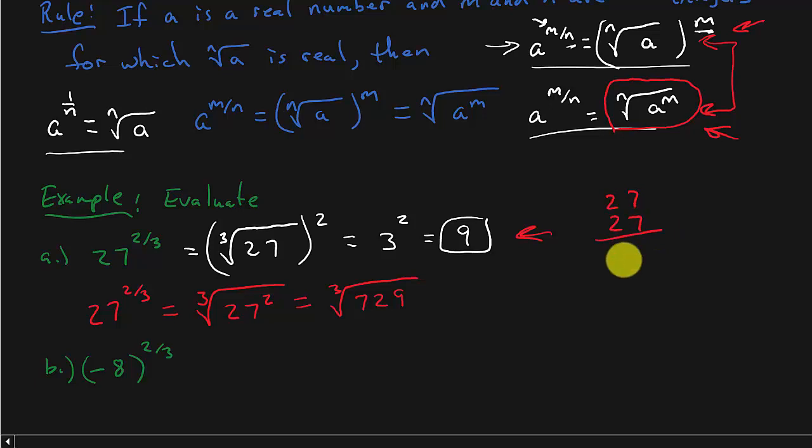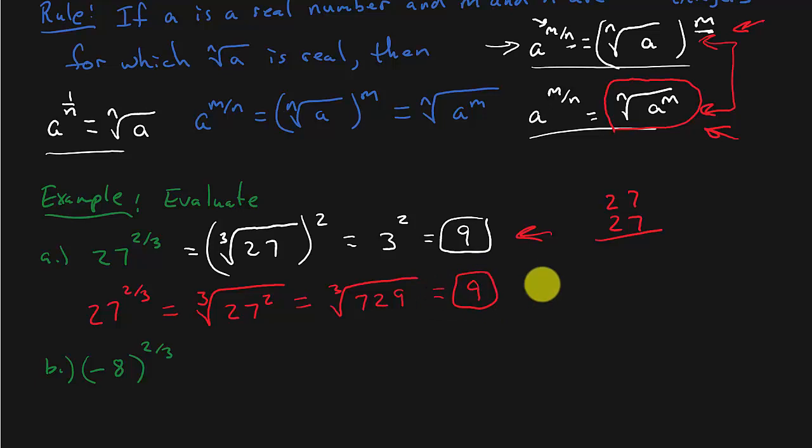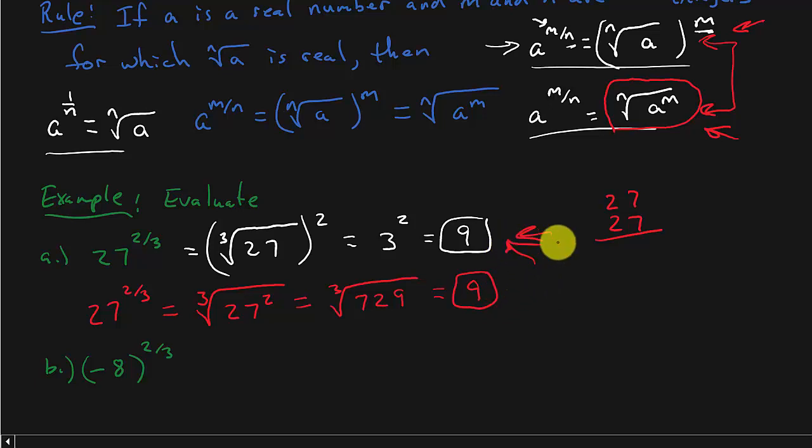You could write it there real quick, multiply it out, and get 729. But now the problem is, what's the cube root of 729? Well, it's 9. Now, would you have known that? Probably not. I wouldn't have known it. The only reason I know it's 9 is because we already solved it up here.